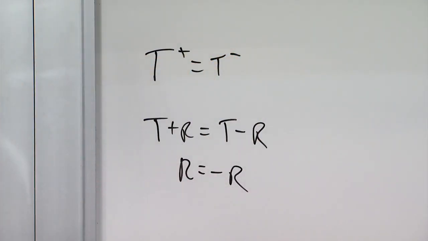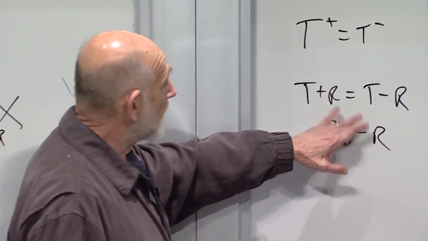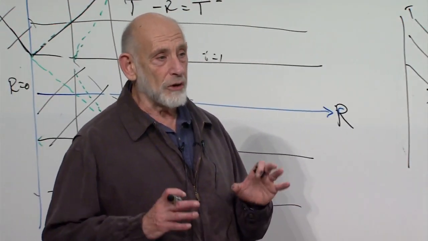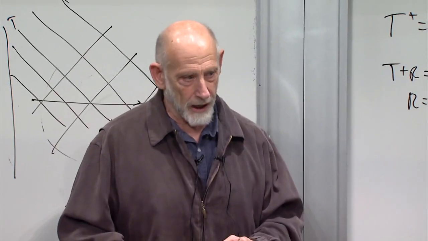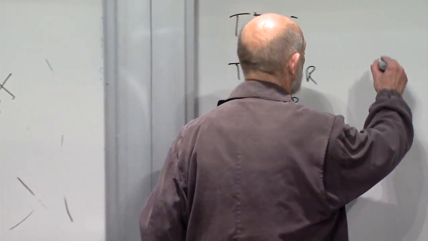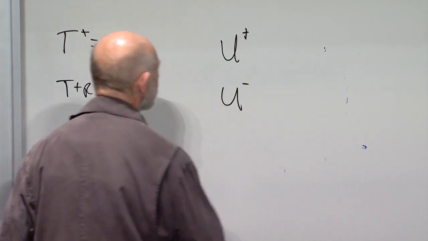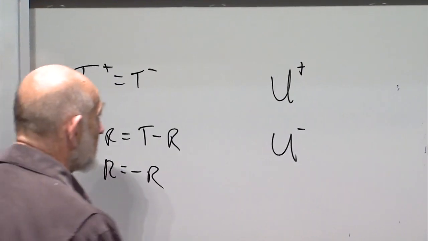Now we're going to change coordinates, and the way we're going to do it is to introduce two new coordinates. T plus and t minus are called light-like coordinates, and we're going to introduce two new light-like coordinates. One of them is called u plus, and one of them is called u minus.